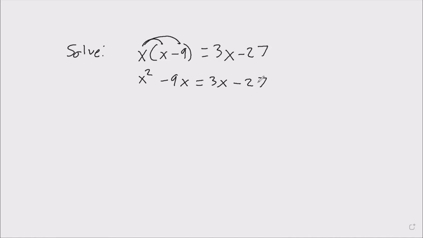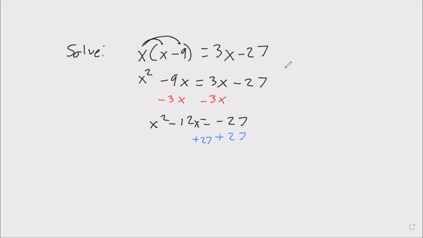Now we want to get this equation equal to 0. To do that, we are going to subtract 3x from both sides. And then we are going to add 27 to both sides.